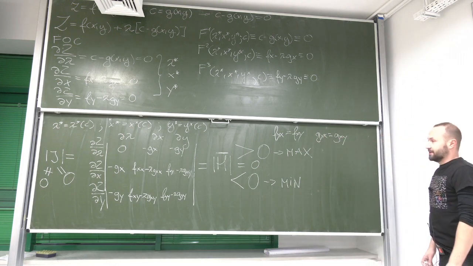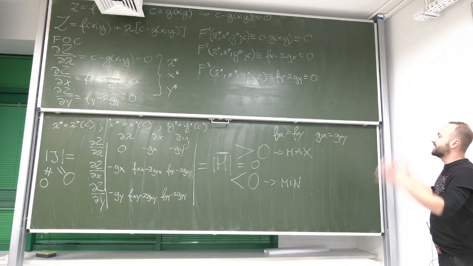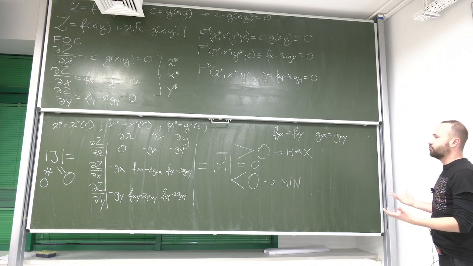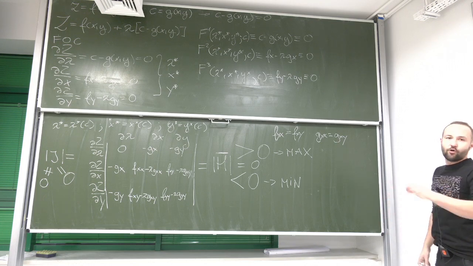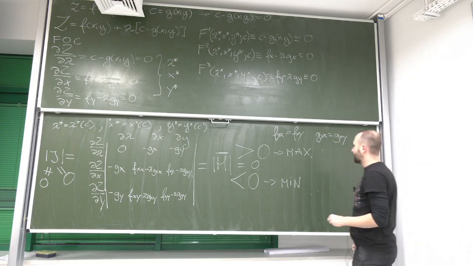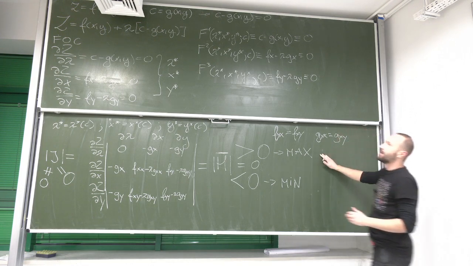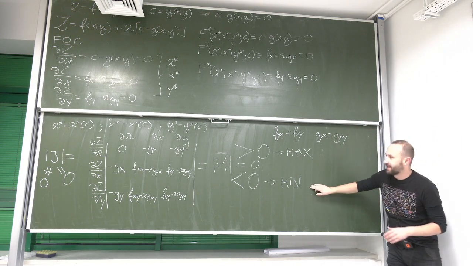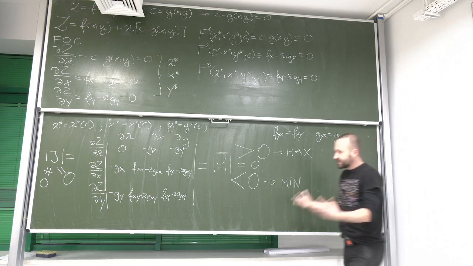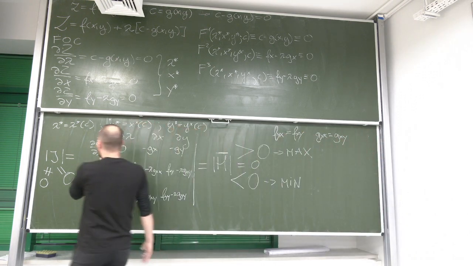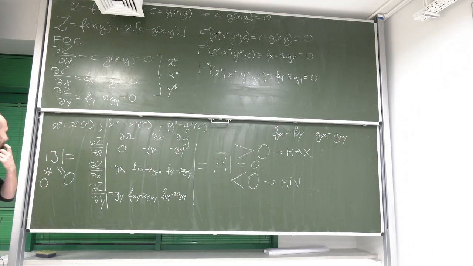Okay, but we now can assume that we are only dealing with the cases we want. So either we are maximizing the function or we are minimizing the function. And if this is actually the case, then we can proceed.